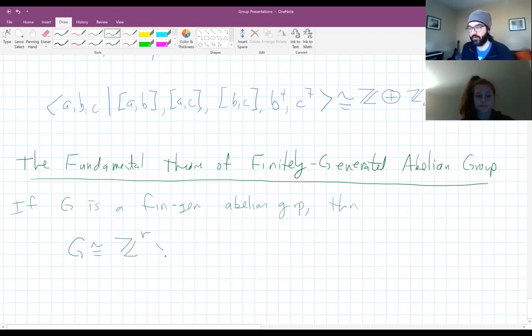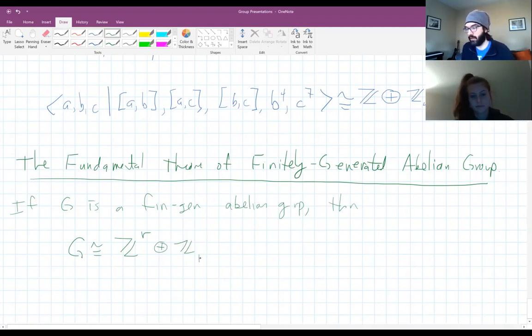Sometimes they use cross and sometimes plus; it doesn't matter for finite products. It only matters for infinite products, and we're only doing finite because they're finitely generated.